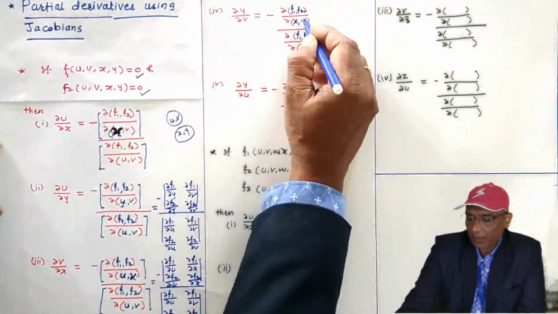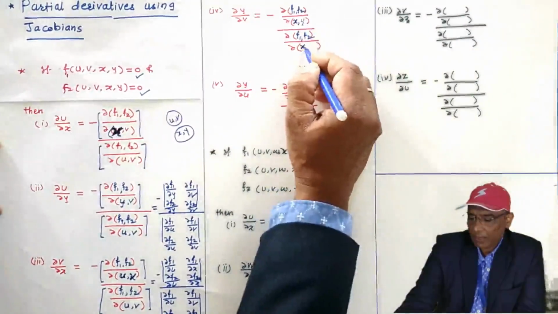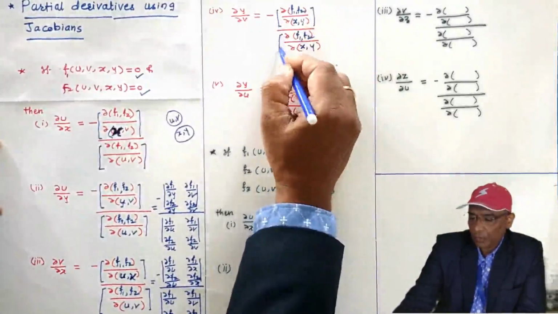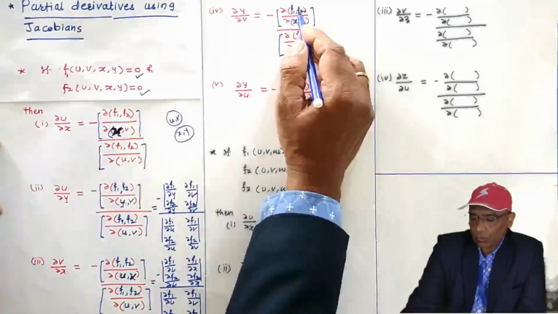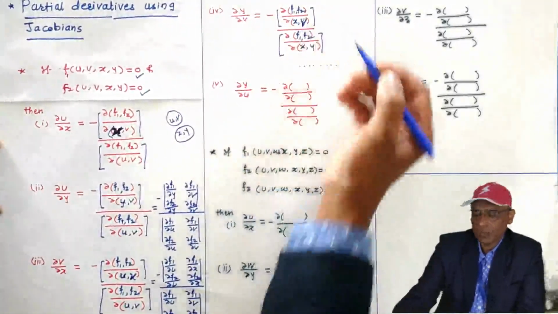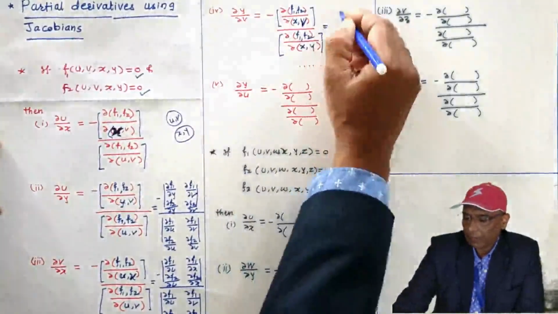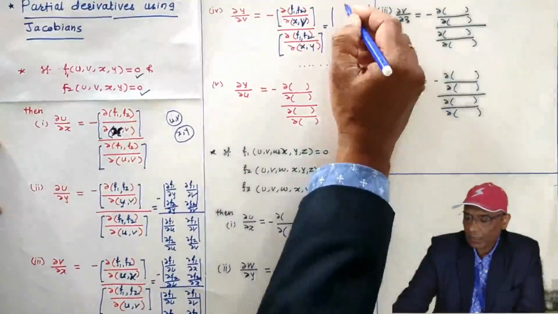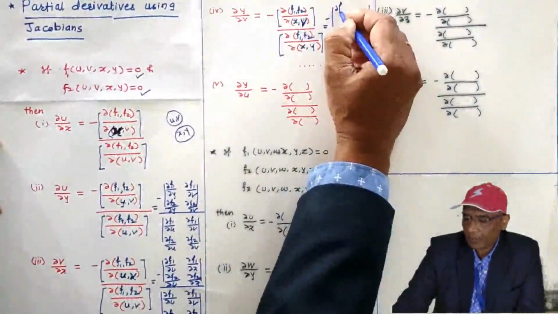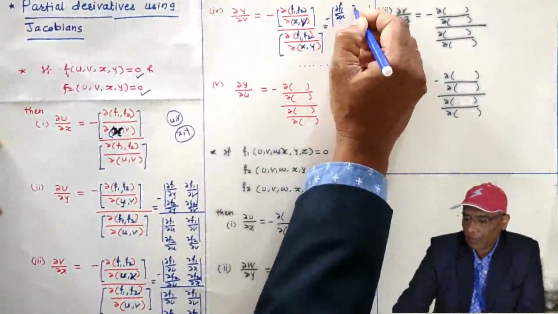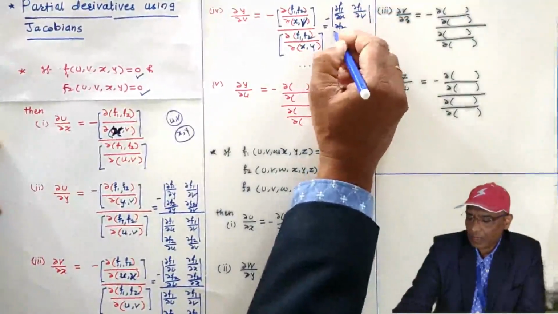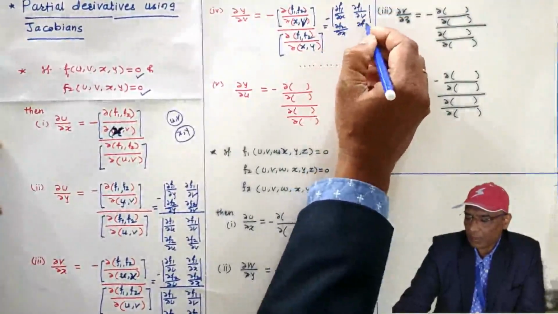Now correct the formula: in the numerator's Jacobian, replace y by v. Now this has become the formula. And by the definition of the Jacobian, minus is there, del f1 by del x, del f1 by del v, del f2 by del x, and del f2 by del v.